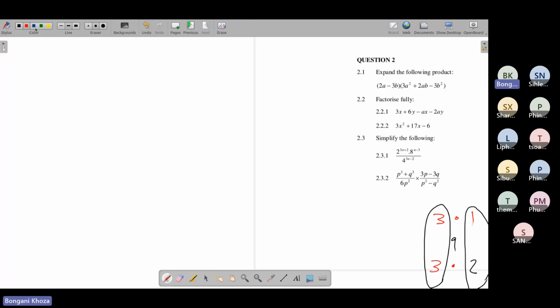2.3, we are asked to simplify that. So we're given 2 exponent 3n plus 2 times 8 exponent n minus 3 over 4 exponent 3n minus 2. Right, so the first thing that you will try to do, you change all these numbers to be prime bases.